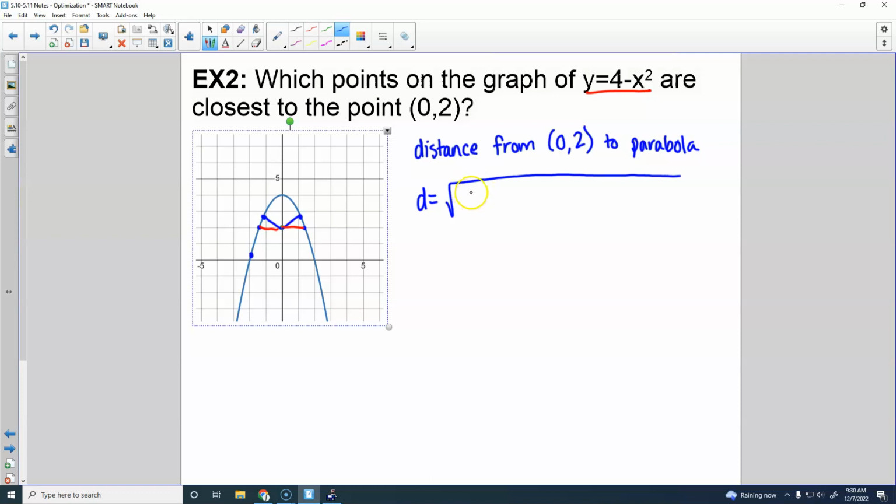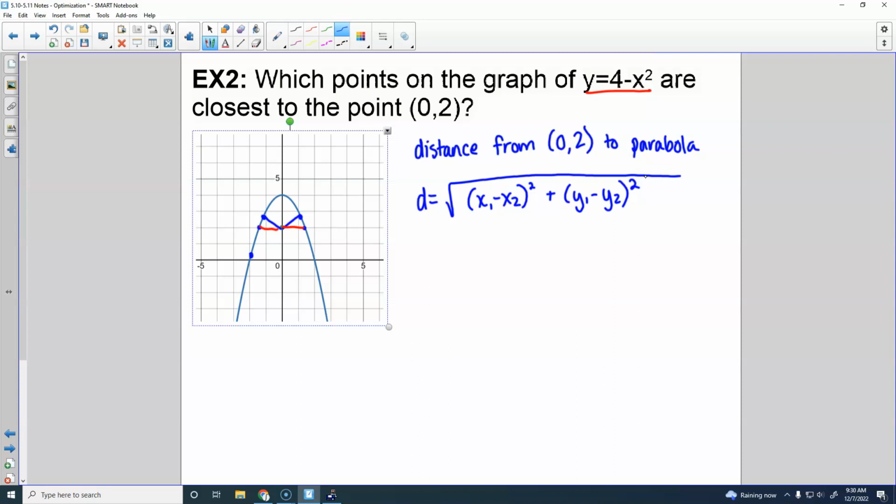Okay, the distance formula is the square root of (x1 minus x2) squared plus (y1 minus y2) squared. It's a form of the Pythagorean theorem. When you subtract your x's, it finds one leg of the triangle. When you subtract your y's, it finds the other leg. And then it's a squared plus b squared equals c squared sort of deal. So this is a formula that we should probably know.